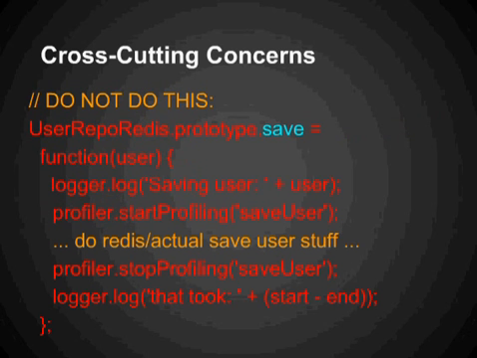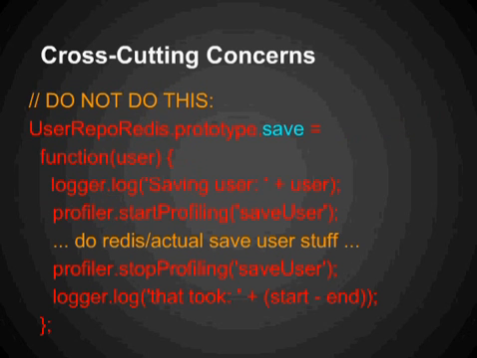The reason it's not quite there is that what you would end up with in your save method is embedded in the specific implementation of user repo Redis. Now I'm calling logging, now I'm calling profiling, and then buried within that I actually do the saving into Redis.